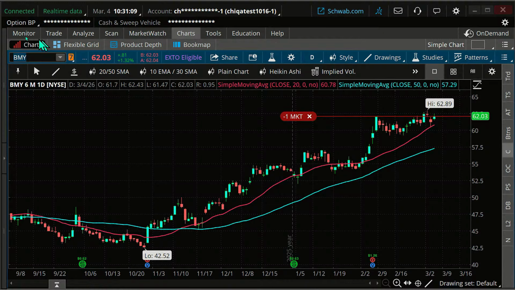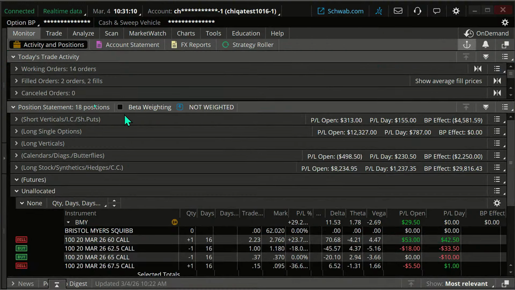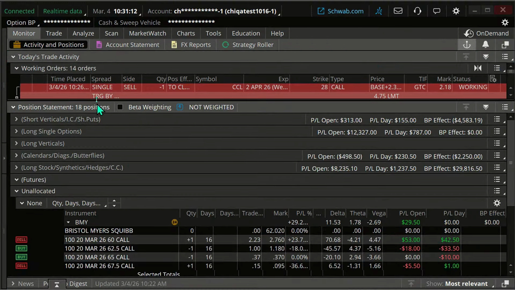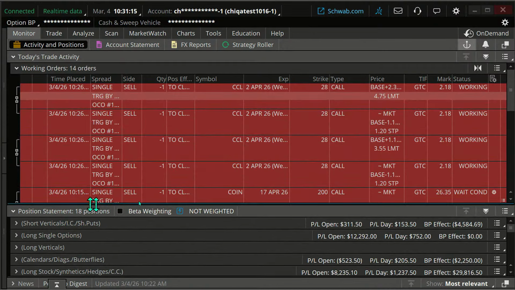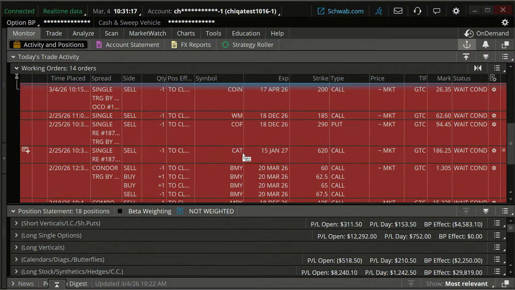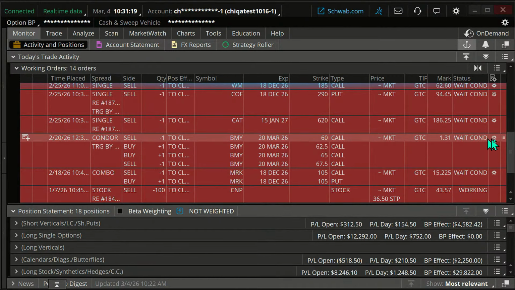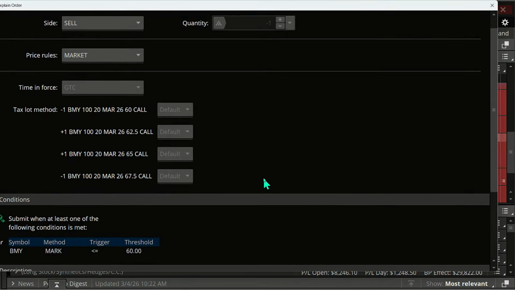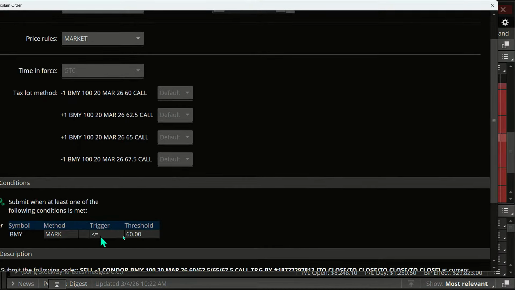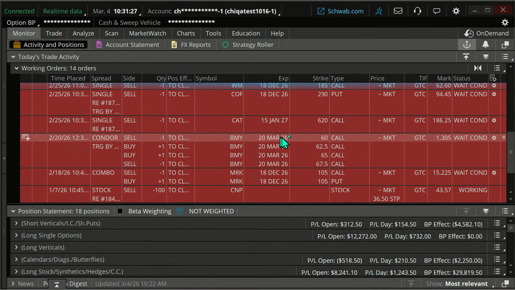Now it does say we've got an exit order on this. Let's just look at it real quick. BMY. Let's see what we got. We got an exit if the stock goes less than 60. Okay. Is that still relevant?